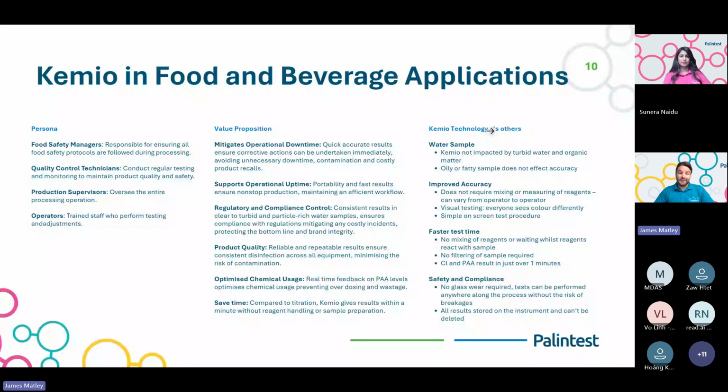You have regulatory and compliance control. So through consistent results, even in turbid samples or coloured samples, means that you can be positive that the results provided by the KMO are accurate.